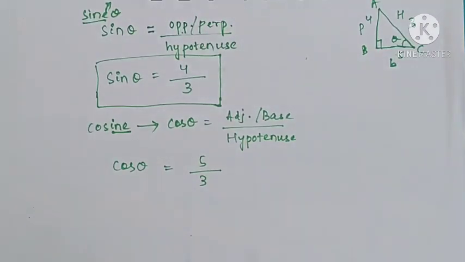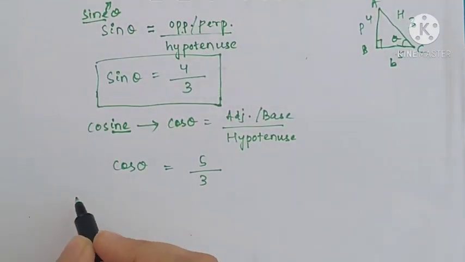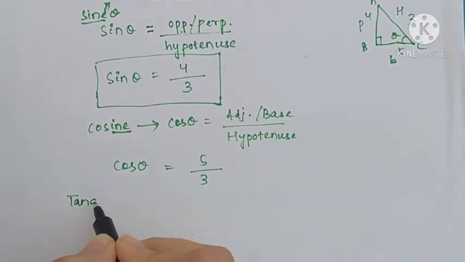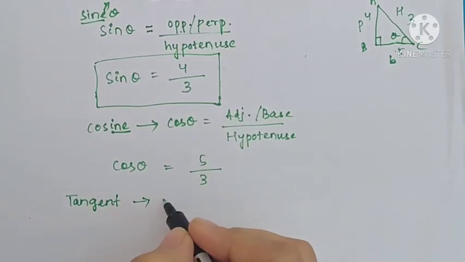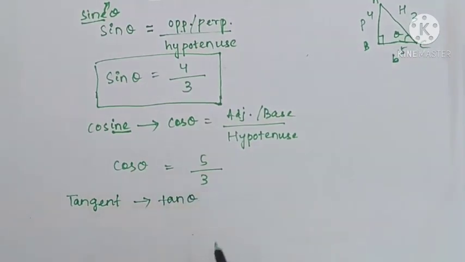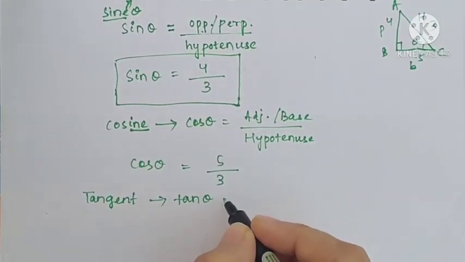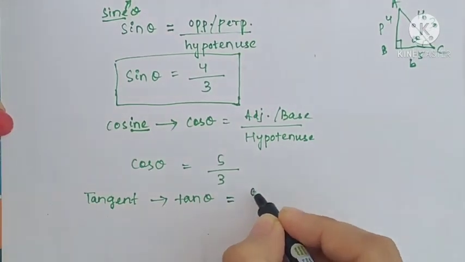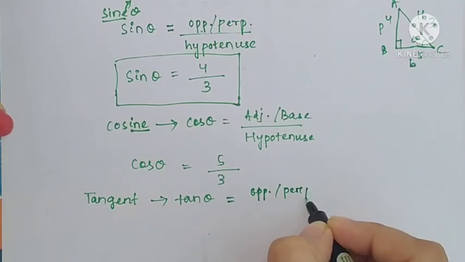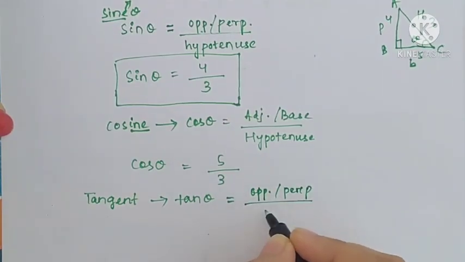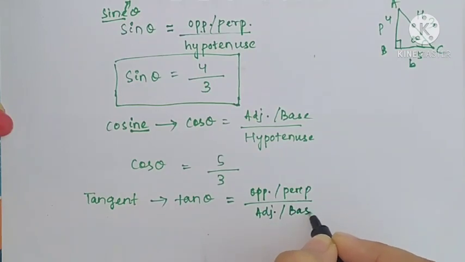Next comes the third important trigonometric function, which is the tangent function, generally taken as tan theta. Tan theta is equal to opposite or perpendicular by adjacent or base.